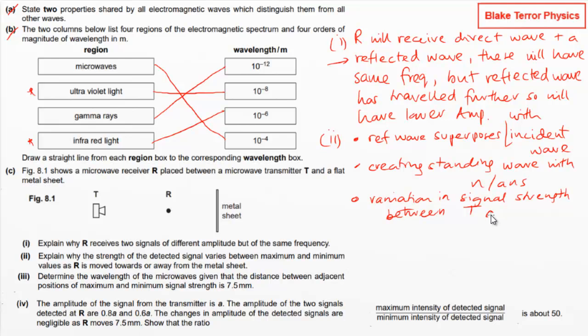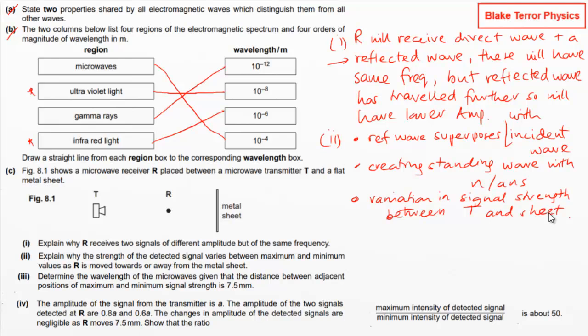That explains what's going on with R. Otherwise we said there's a standing wave, but we haven't said why it would be picked up when you're moving R around. Putting that in at the end bolsters the answer a bit.